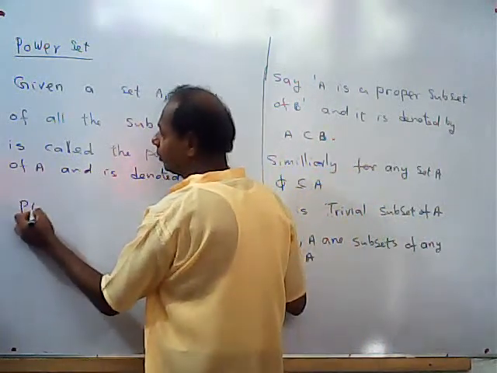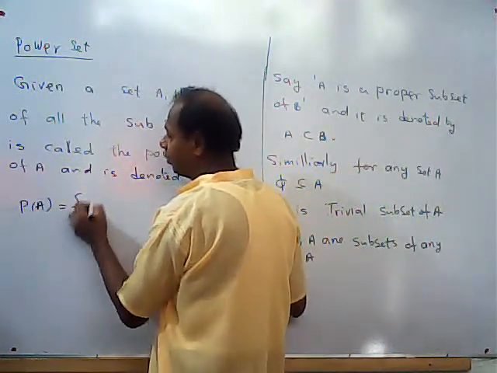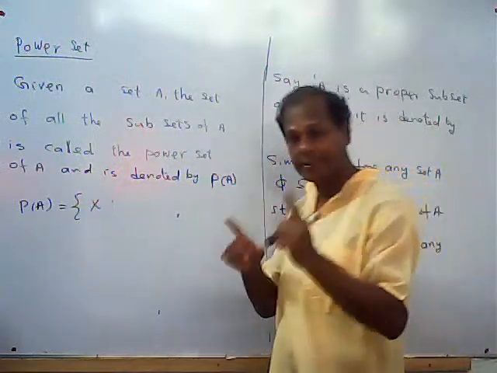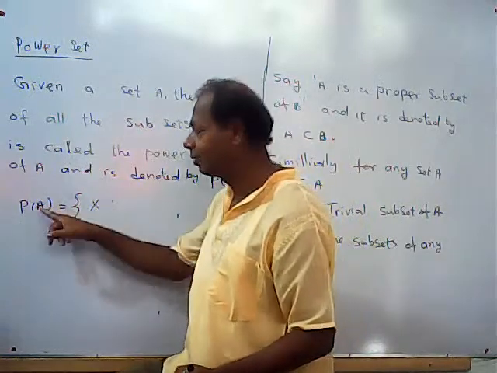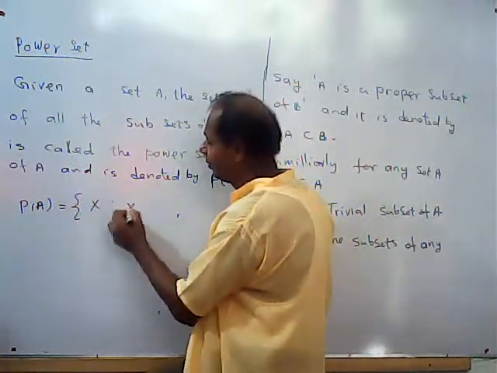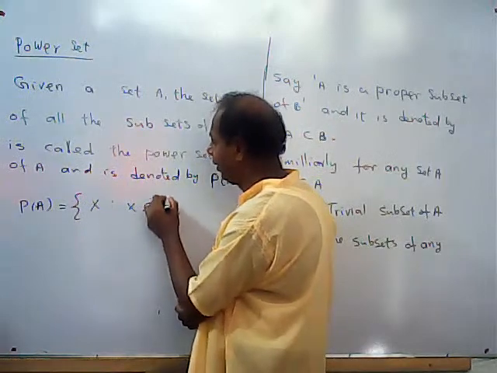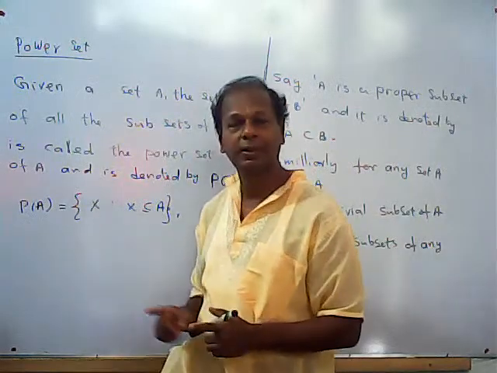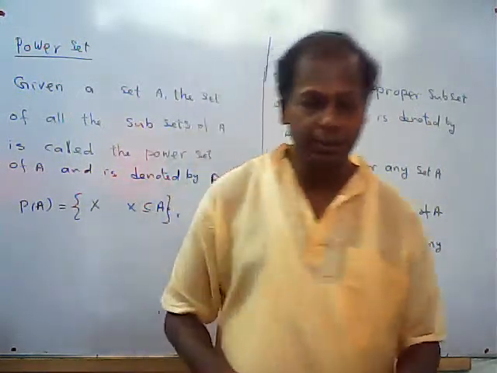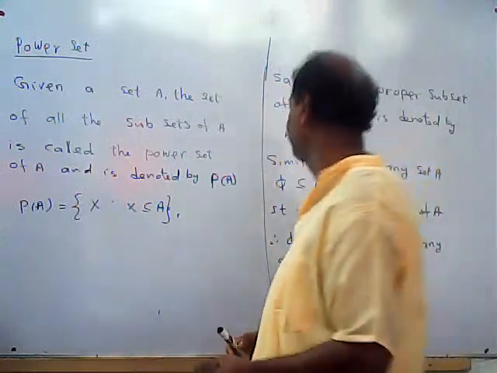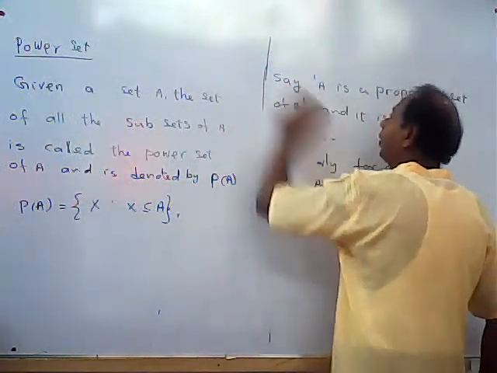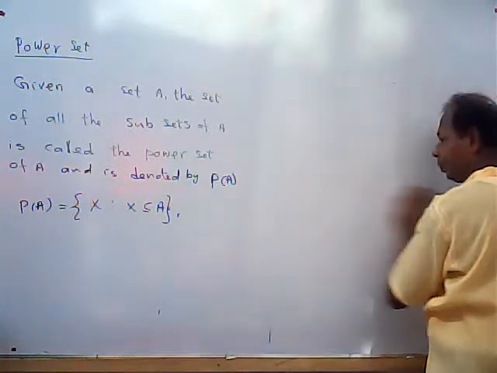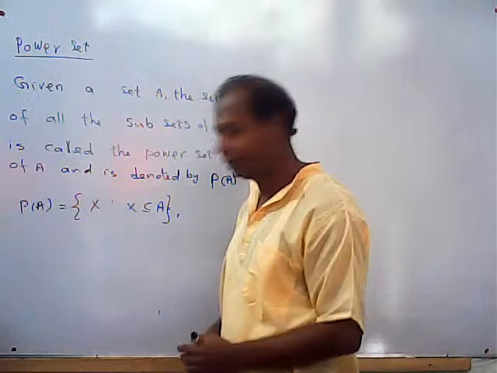So power set of A consists of all x such that this x is a subset of A. That's how the power set is defined. Right. Now I'll give an example. I'll give a question. Let's say, making a set theory.